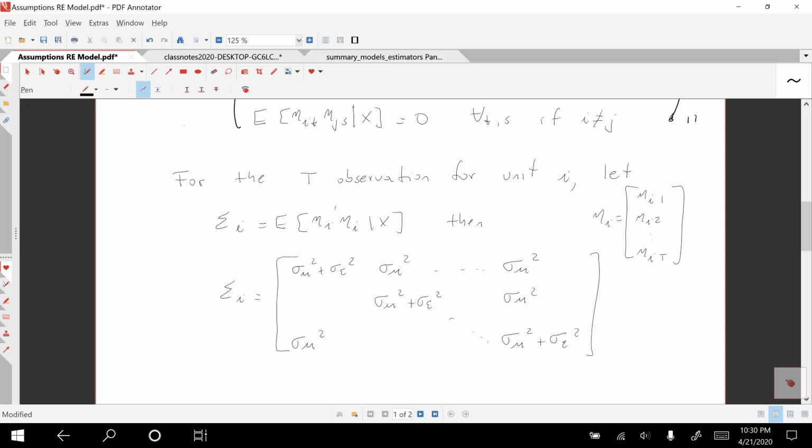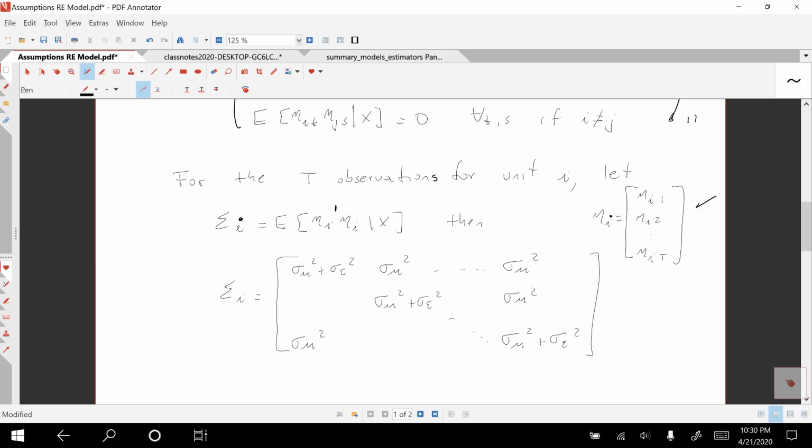So for the T observations, let's assume that we're only interested in the unit i. So let's have the vector of these eta errors, for individual i during all the time periods, and let's see what the covariance matrix of the errors for individual i across all time periods is going to be. It's going to be the expected value of the product of the vector times the transpose of this vector.